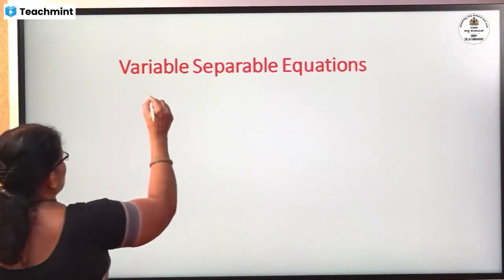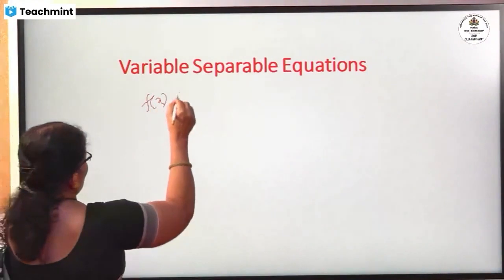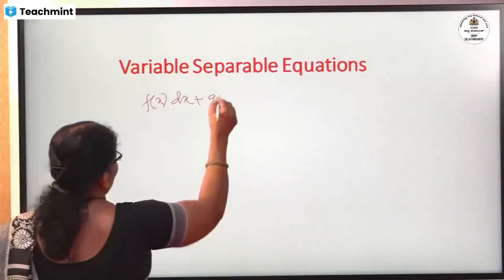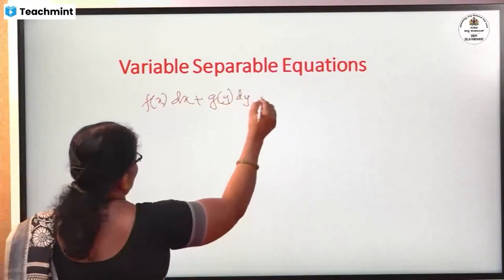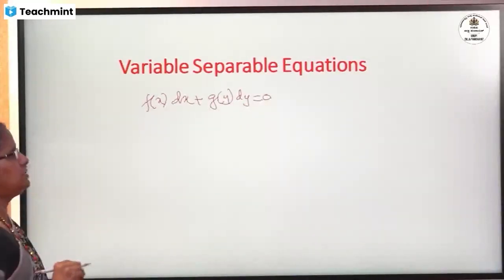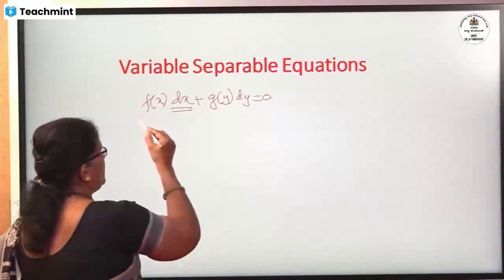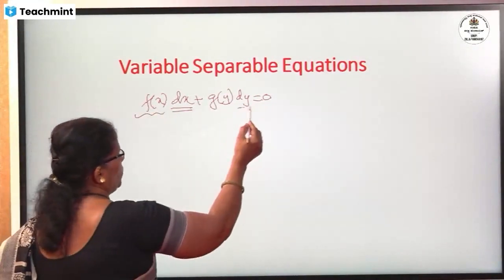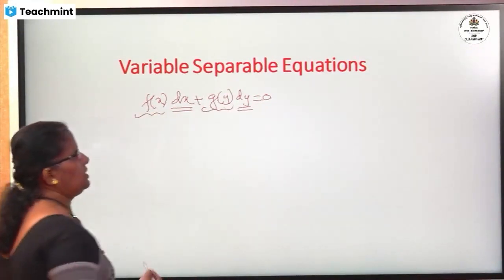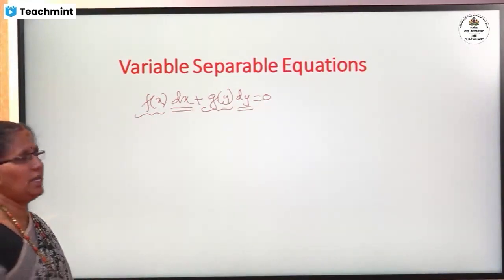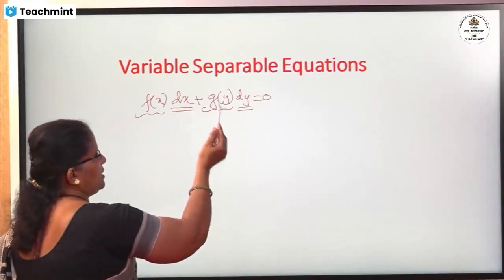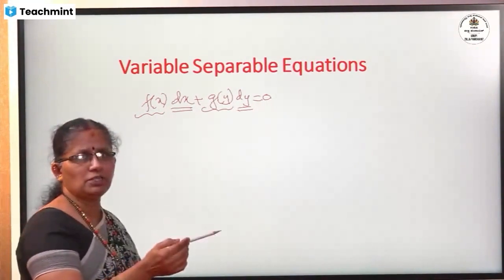Suppose you consider an equation of the form f of x dx plus g of y into dy equal to 0, where the dx coefficient is a function of x alone and the dy coefficient is a function of y alone. Then I say that this is a variable separable differential equation.